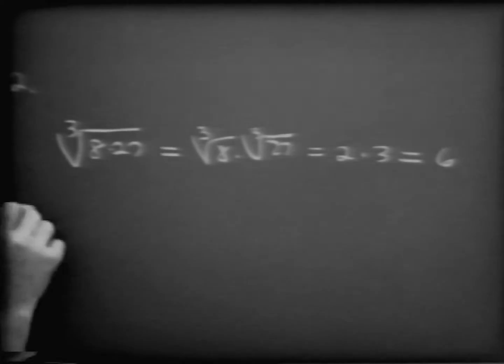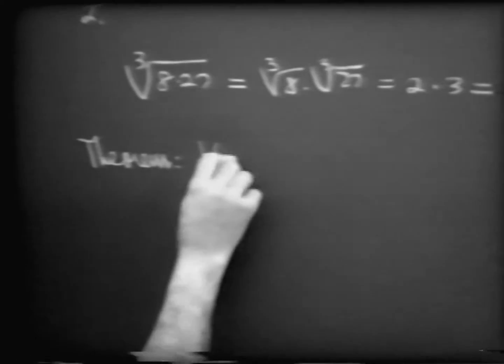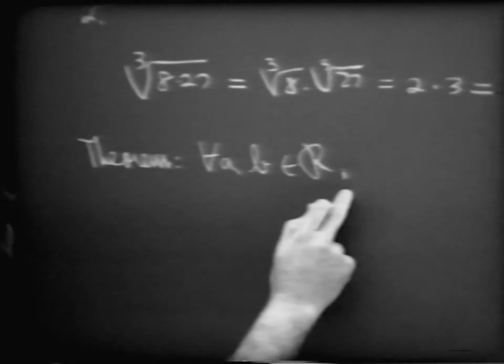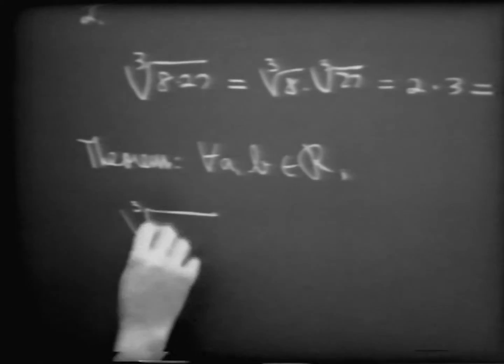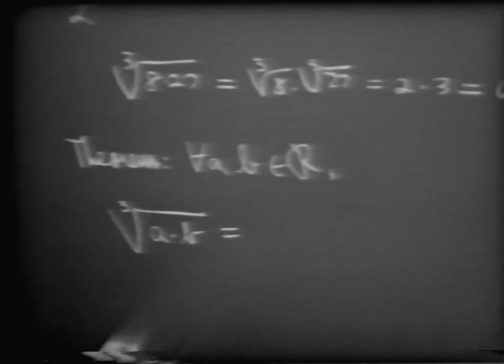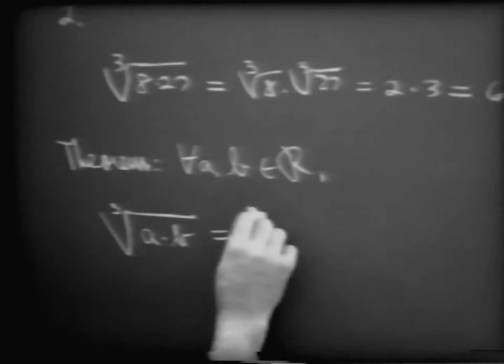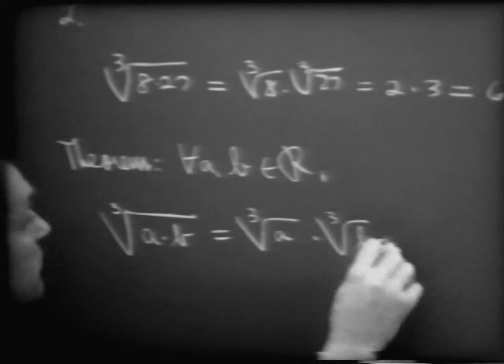Now, in fact, I think we can generalize this in the form of a theorem in which I think we can say for every A and B belonging to the set of real numbers, okay, what now do you think we might say? The cube root of A times B is equal to, and who would like to write our conclusion here? What is our statement going to be? Ken? The cube root of A times the cube root of B, okay?